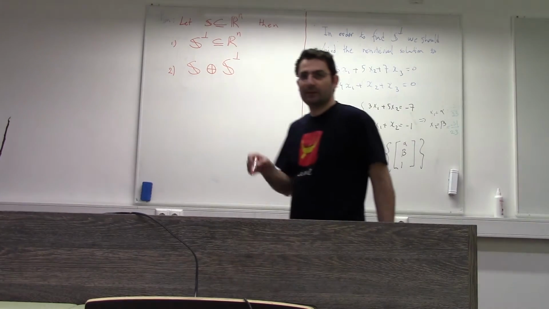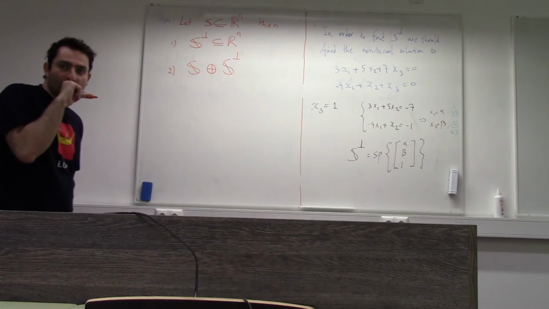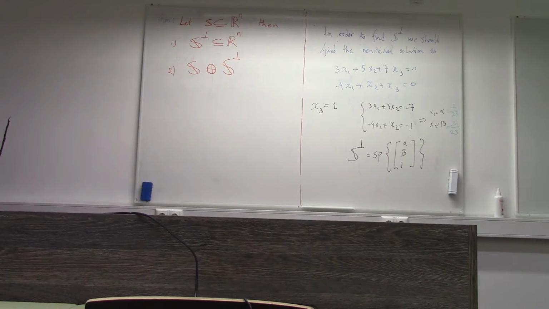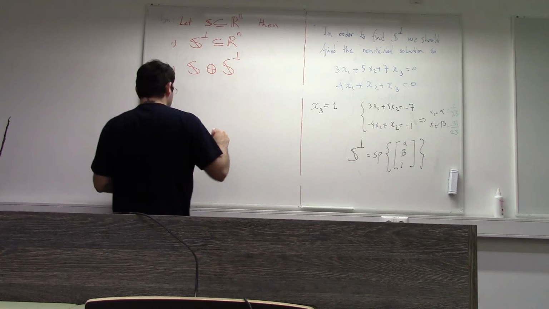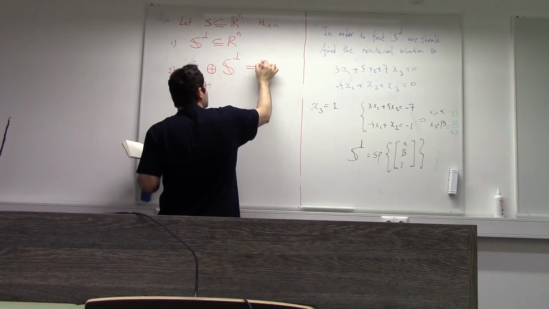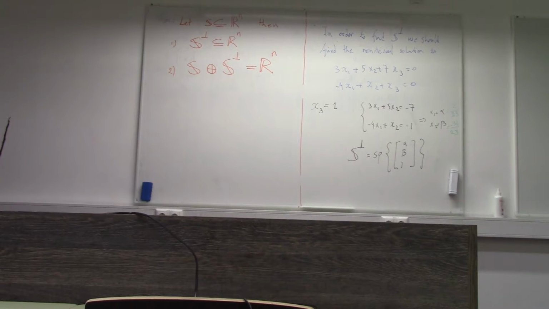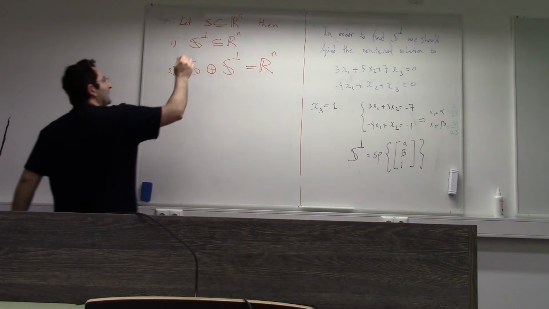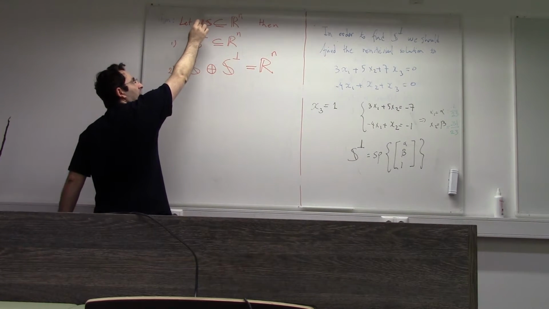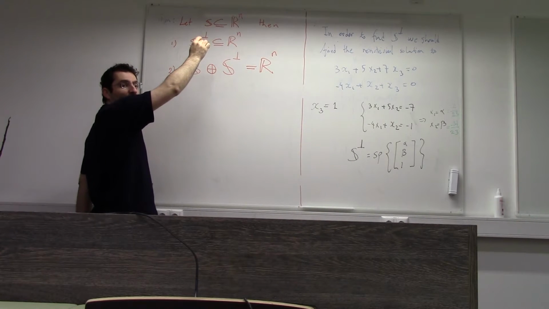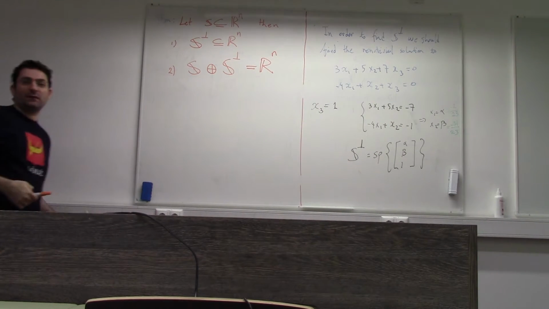What do we get? We get the Rn. It was easy to understand in the sense that the vectors in here are not in here, and the vectors here are not in here, right? And when we put them together, we will get the whole Rn.